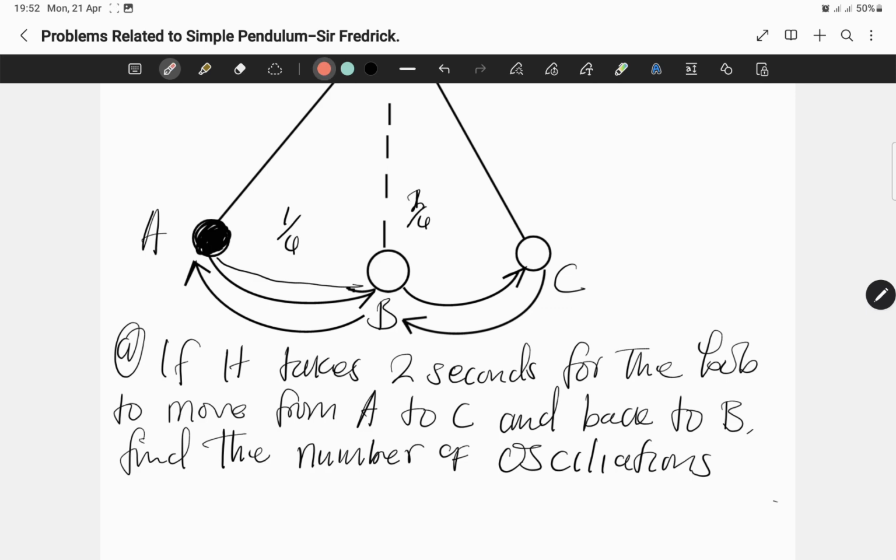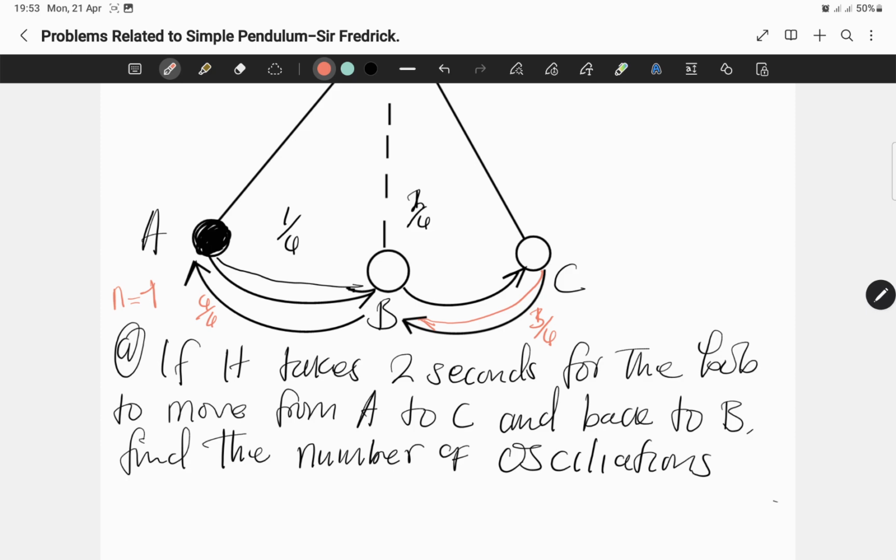Then as it comes back from point C to B, we are going to have 3 over 4, because the bulb has to move 4 times to give us one complete circle. So if it now moves from B to C and back to A, we are going to have 4 over 4. If you divide this, it's going to give you the number of oscillations as 1.